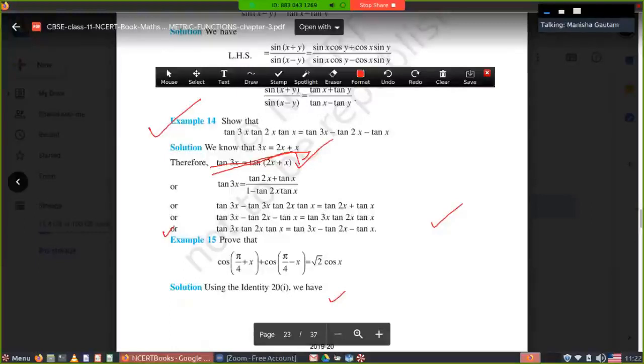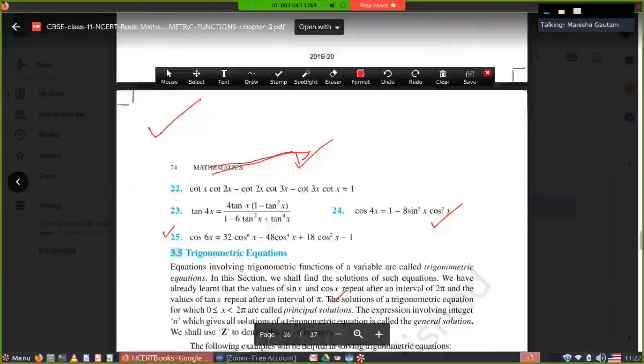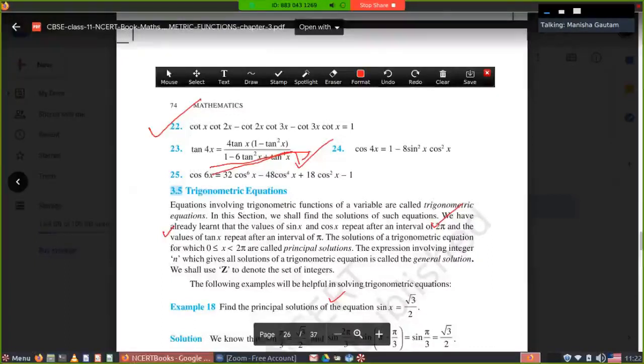In the example, we used the tangent(a plus b) formula, and in the question you have to apply the cot formula, cot(2x plus x). It is a hint, you will do your own. Apply the formula of cot(x plus y) here, cross multiplication takes place, rearrange the statement, and you will get the answer.